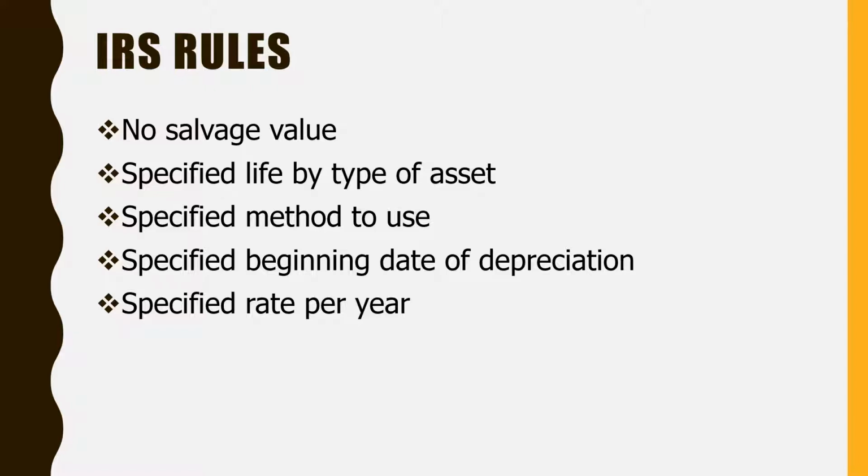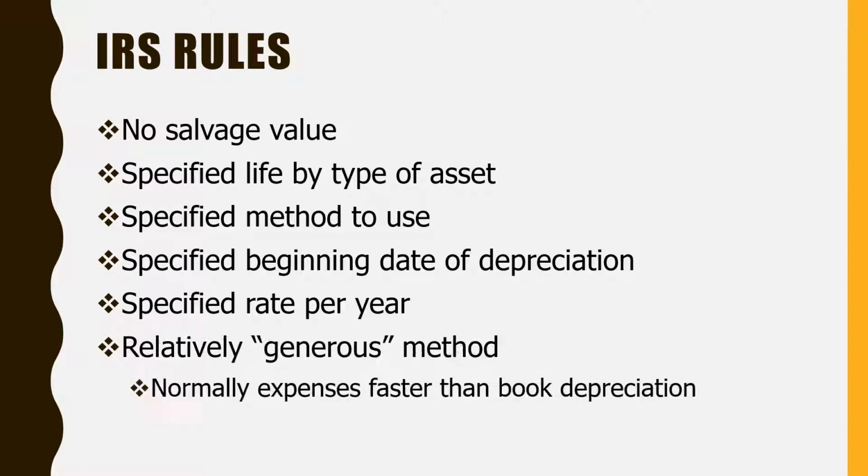Next, the IRS specifies the beginning date of depreciation, so it doesn't make any difference if you buy an asset in January or December. You get the same amount in the first year. And finally, they have a specified rate per year, so you don't even have to do any calculations other than multiply a rate times your asset cost.